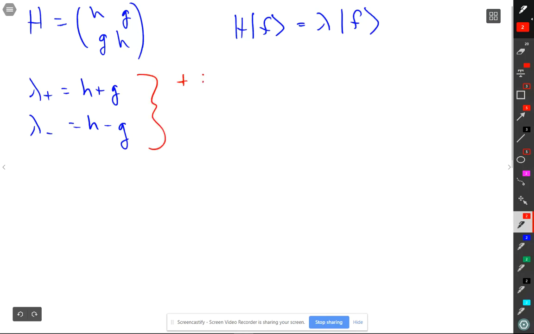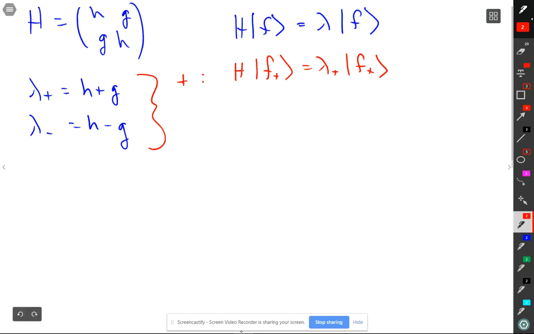Using lambda plus, I'm going to have H f plus equals lambda plus f plus. I'm going to find what the eigenstate f plus is based on my eigenvalue lambda plus.